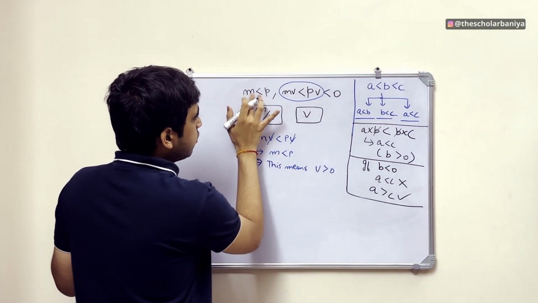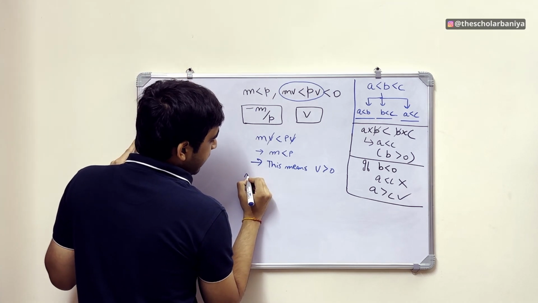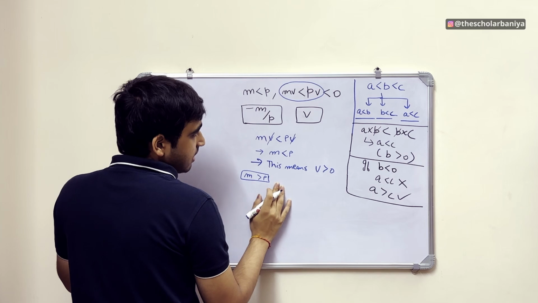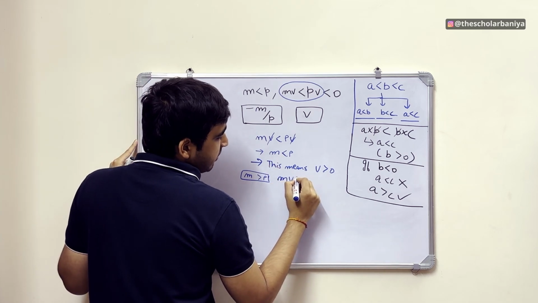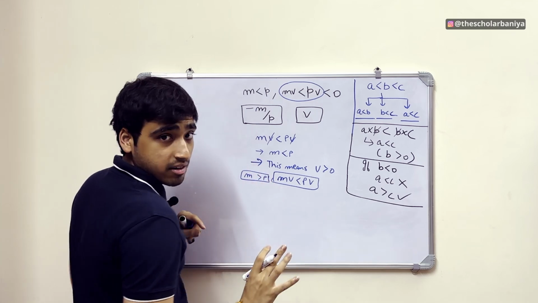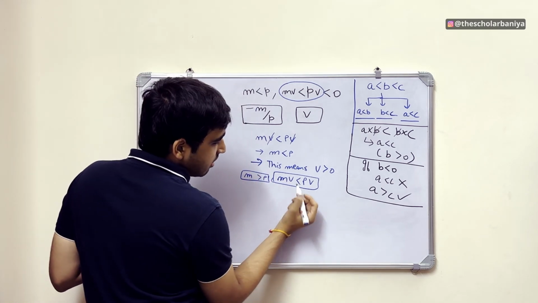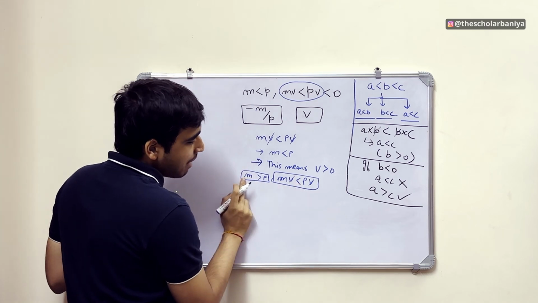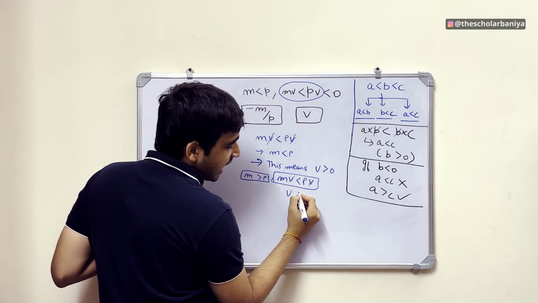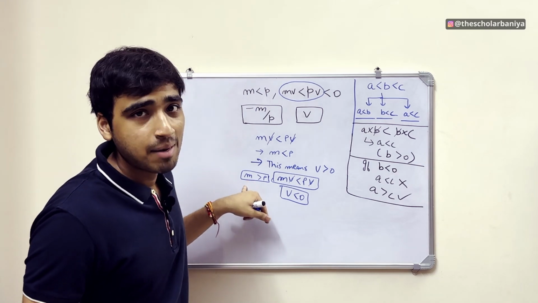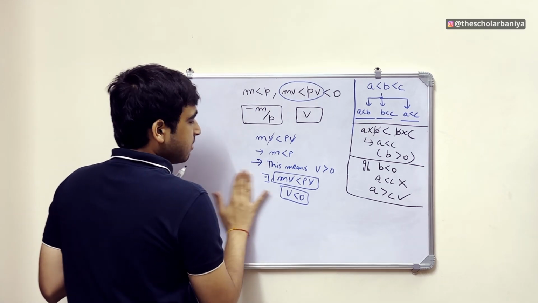If the question had been that m is greater than p is given and mv is less than pv, then if we cut v, we would get m is less than p, but m is greater than p, so v would have to be negative.